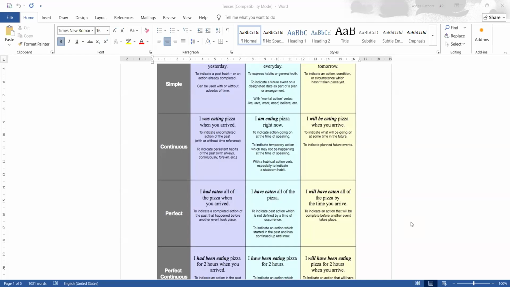It symbolizes the past. Now, when we come to V3, you people must have heard this term in school a lot, past participle. So, what is past participle? Past participle essentially means the third form of the verb, while this verb is indicating that yes, an action has completed.